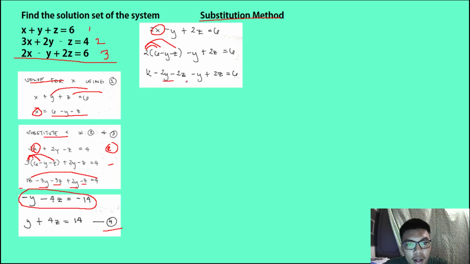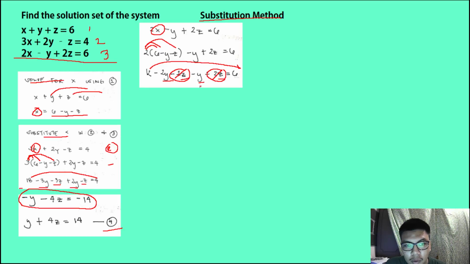Then combine like terms again, simplify this equation. Okay, so negative 2y minus y, that is negative 3y. Okay, then we transpose 12 here. So 6 minus 12, that is negative 6. And kung papansinin, so dito pa lang, negative 2z plus 2z. So cancel lang yung 2z.